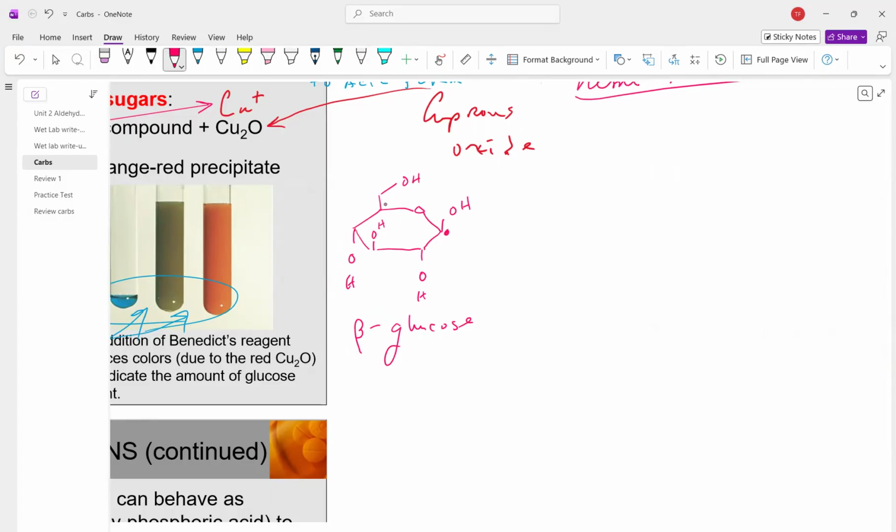And I'm going to draw it in the cyclic form first. Then I'm going to open it up to expose the aldehyde.